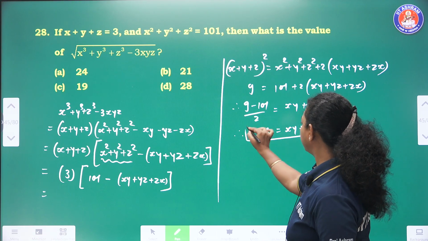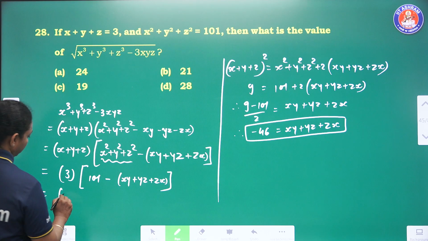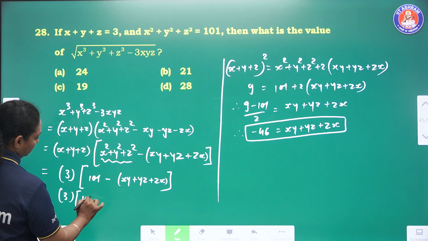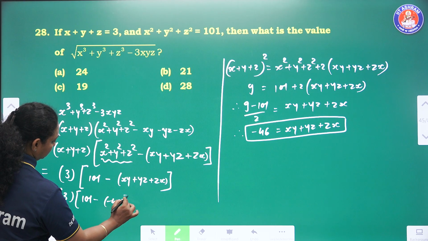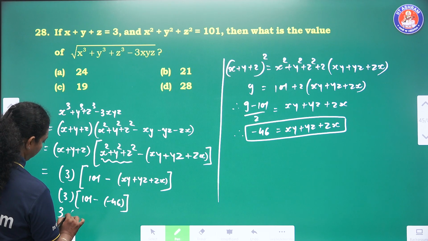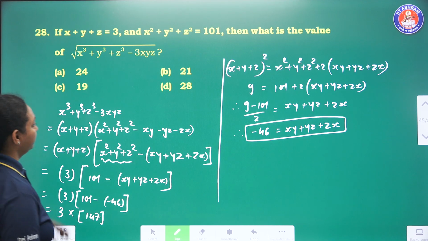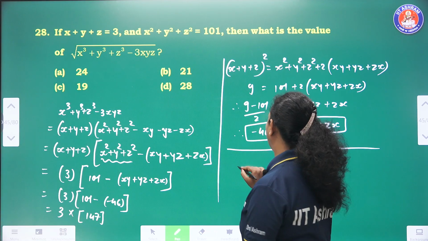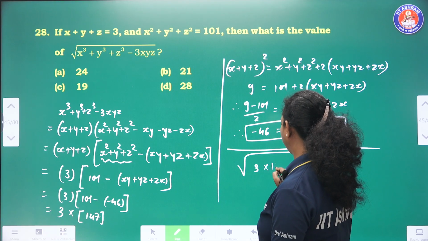So we will substitute this value into this equation, then we will get 3 into 101 minus 46. So it is 3 times 147, right? But here we have to find the square root of 3 into 147.